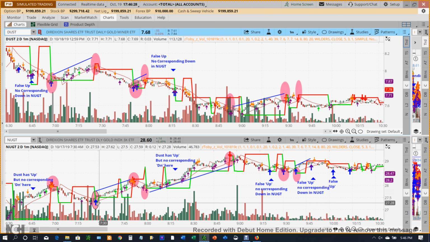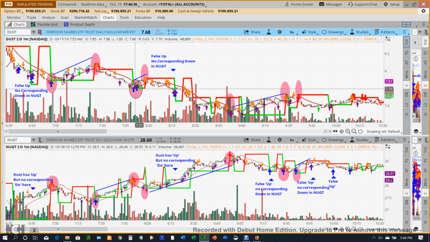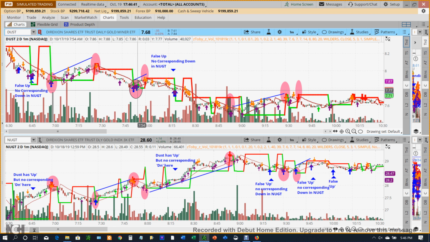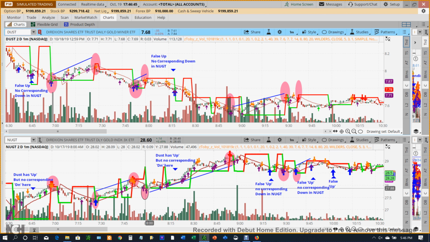So that means this is going to go up. Now we come to this one. There's two orange and two red down arrows. We come up here, there's three small arrows and two big blue up arrows. Here we got two orange ones, here we got two up arrows.